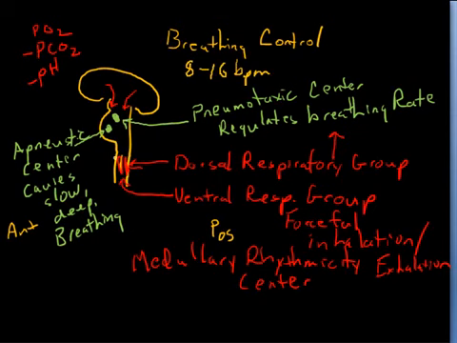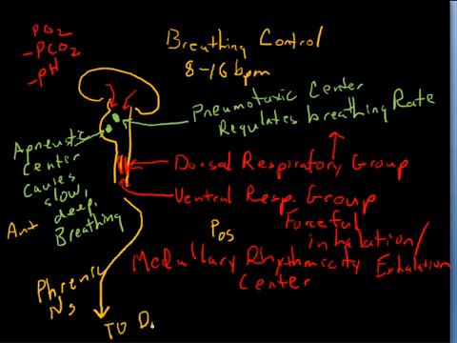Now, these centers then have to connect to something, and they do. The centers all connect to the diaphragm via these nerves called the phrenic nerves. The phrenic nerves, of course, go to the diaphragm.